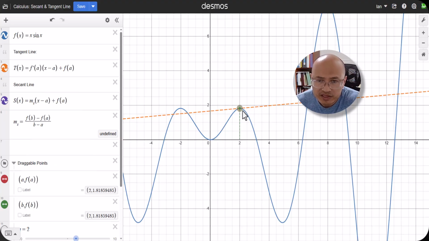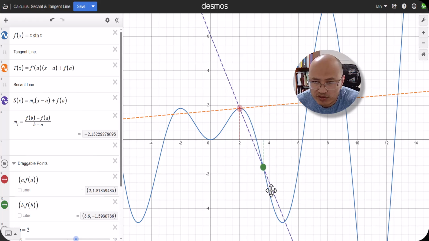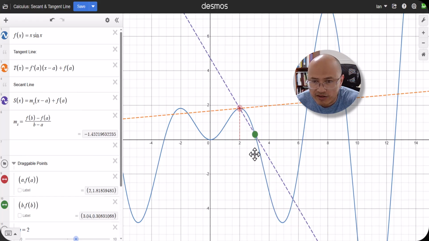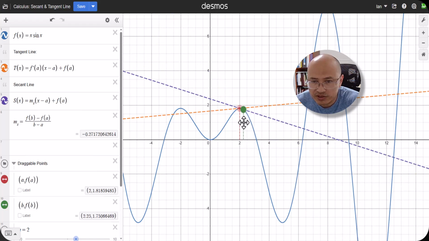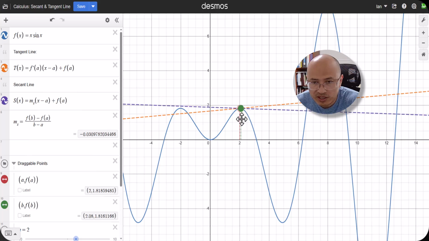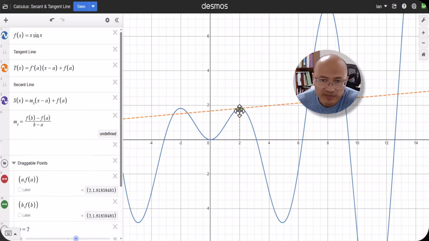So once again, we could approach x equals 2 from the right-hand side, and we could see the average rate of change. And then when we get to x equals 2, we could see the instantaneous rate of change, which is the slope of the tangent line right there.